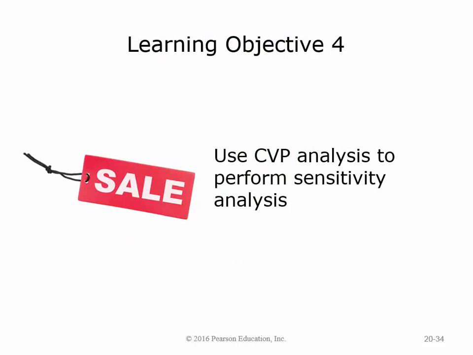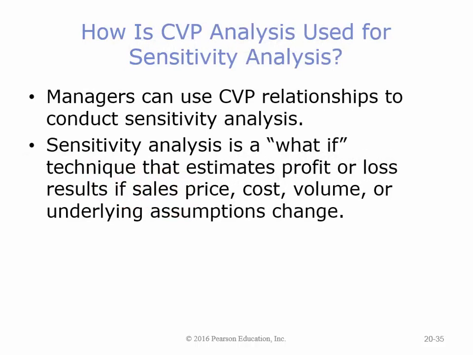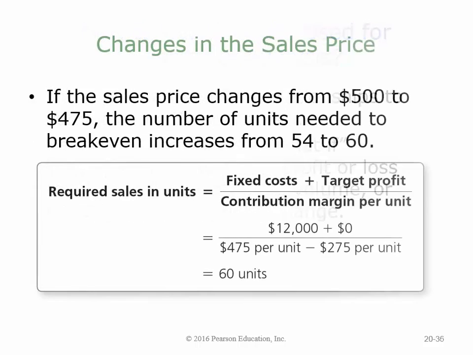All right. So we can also do what's called sensitivity analysis, which is really just saying what if. When they say sensitivity, they mean how would a change in fixed costs affect our profits, or how would a change in variable costs affect our profits, or how would a change in selling price, or whatever, okay? So that's what we're talking about with sensitivity analysis. So there'll be questions like this.